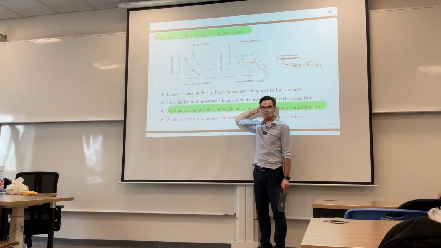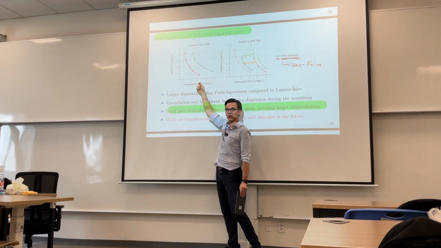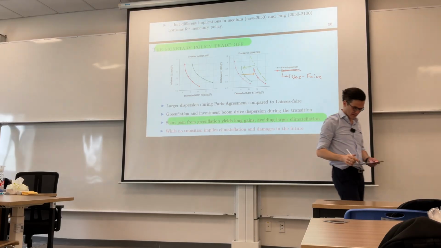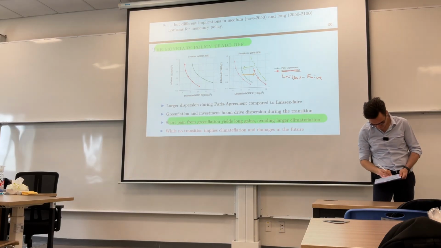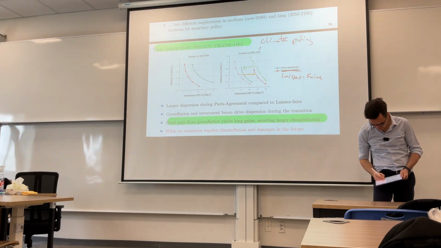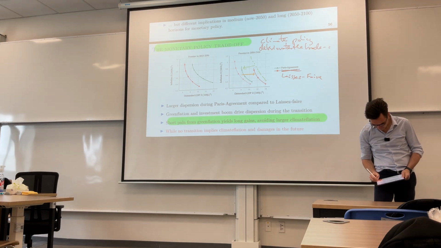Okay. So climate policy, that's the big bottom line, makes central banking trade-offs harder in the short run, but easier in the long run. So why don't we write that down? Okay. So climate policy deteriorates the trade-off in the short run, but improves it in the long run.